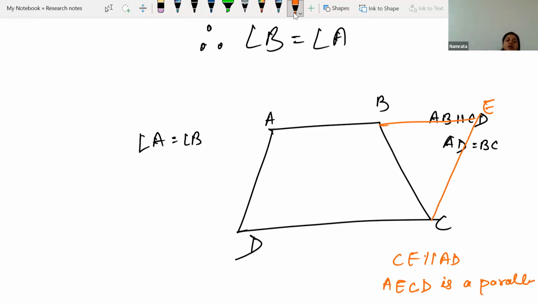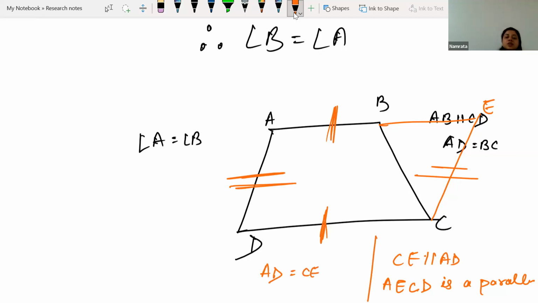Now since it's a parallelogram, opposite sides must be equal with each other. So this side will be equals to this side and this side will be equals to this side. So AD and CE are equal, and it was given in the question itself that AD and BC are equal.